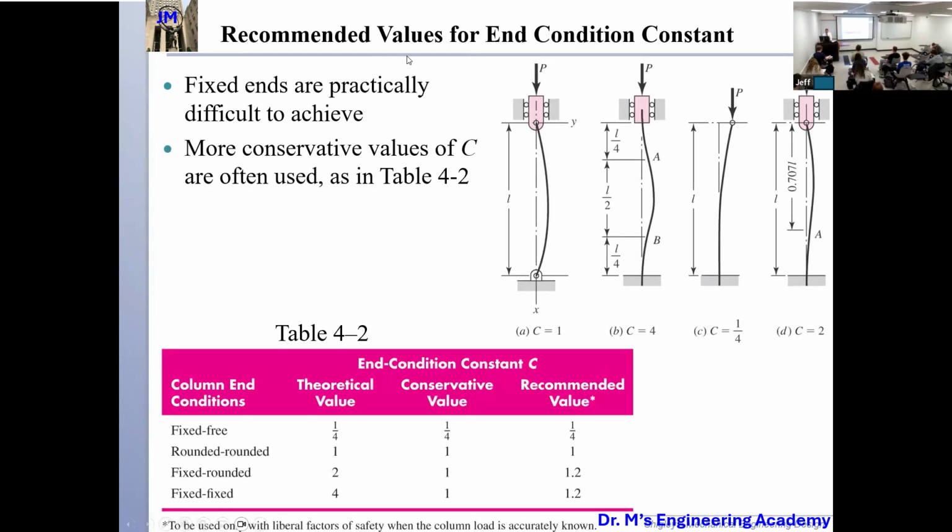These are the recommended values for the end condition constant. There are four conditions here, and fixed conditions are practically difficult to achieve. So more conservative values of C are often used in this table. Here are the four case scenarios: fixed and free, rounded and pinned, fixed and rounded, and fixed and fixed.